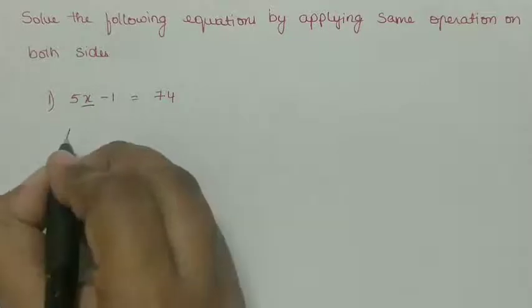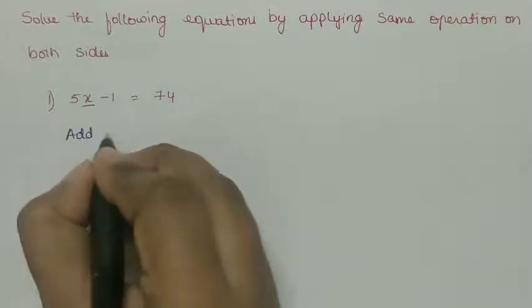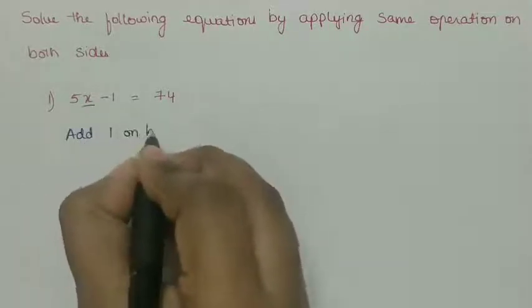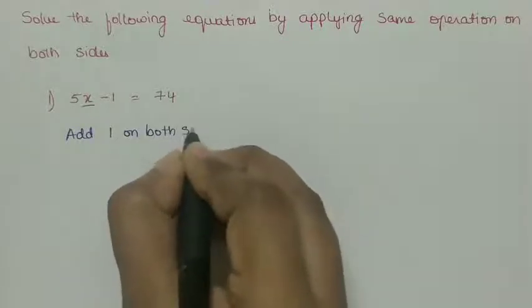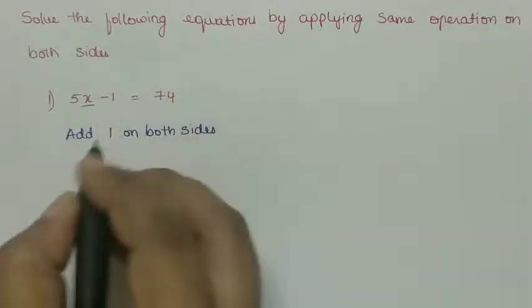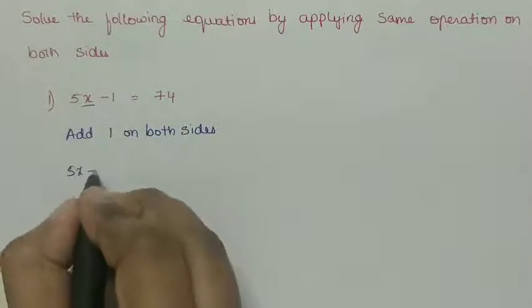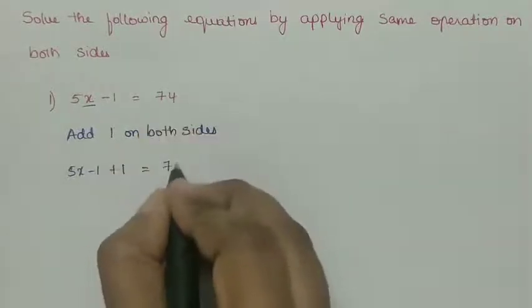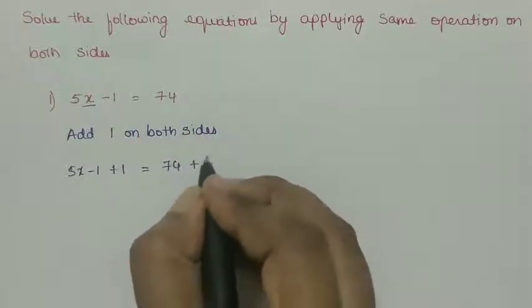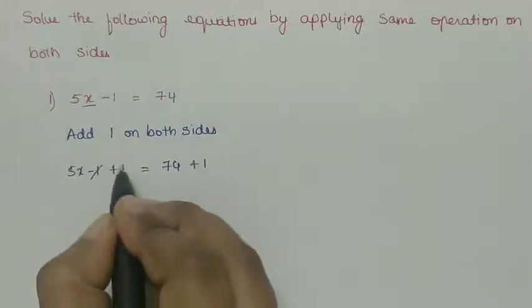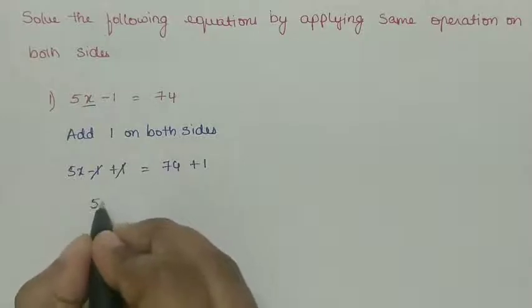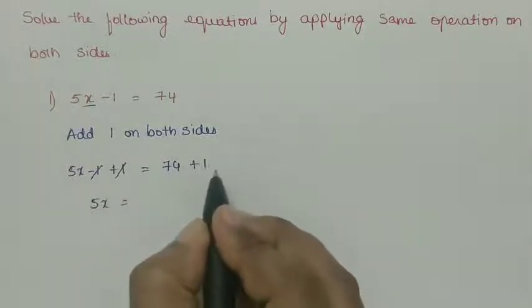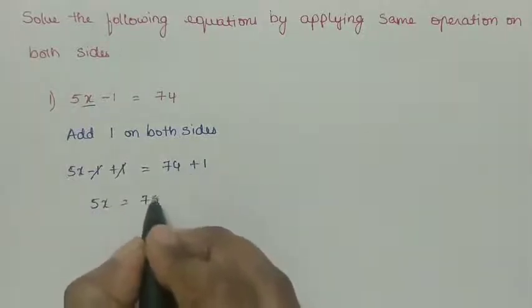Therefore, add 1 on both sides. 5x minus 1 plus 1 equal to 74 plus 1. Minus 1 plus 1, 0. So 5x equal to 74 plus 1, 75.